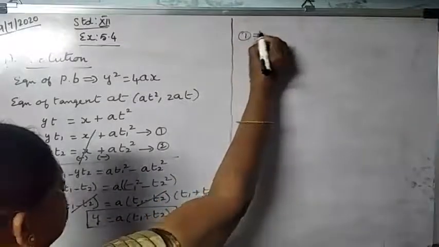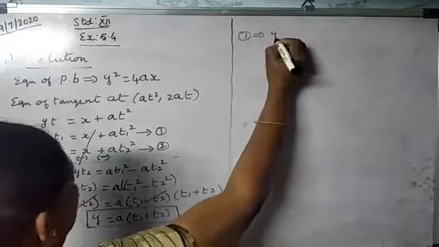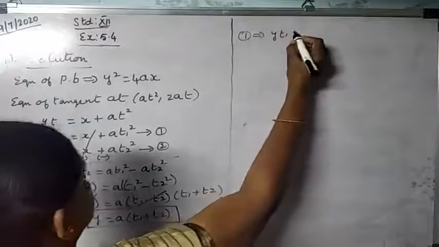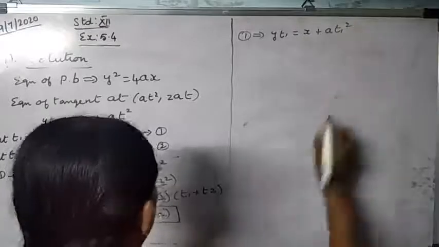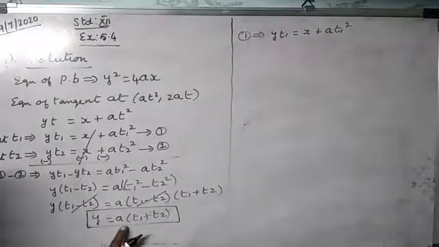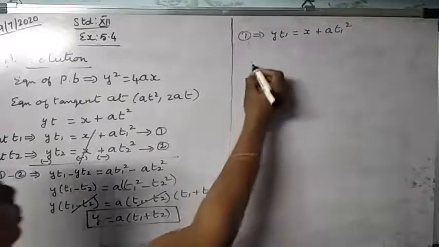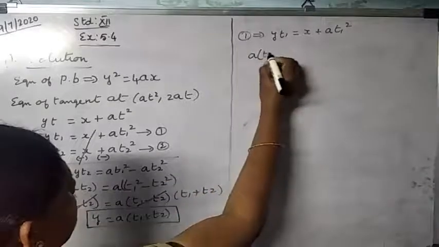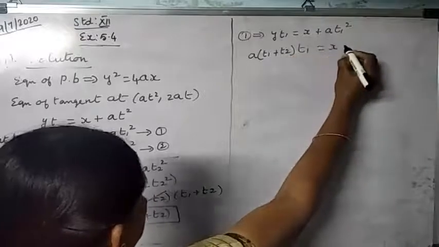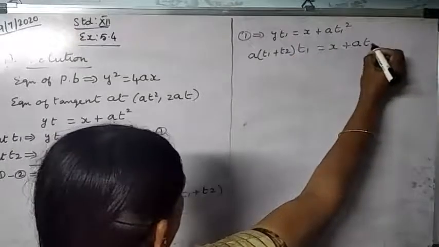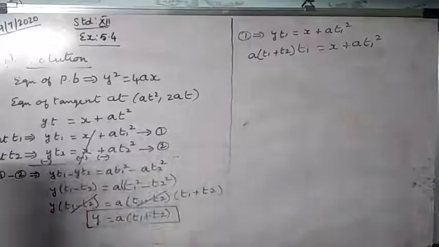So first equation becomes y t1 is equal to x plus a t1 square. Now instead of y, substitute a of t1 plus t2. So a of t1 plus t2 into t1 is equal to x plus a t1 the whole square.